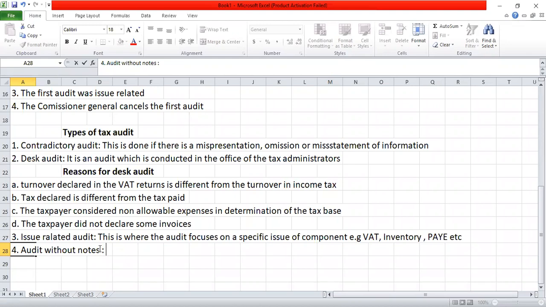But there are some circumstances where an audit can be conducted without giving notice to the taxpayer. For example, if a taxpayer has not made any declaration of tax, then they can conduct an audit without notice.